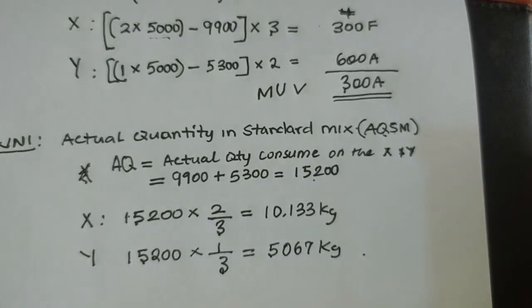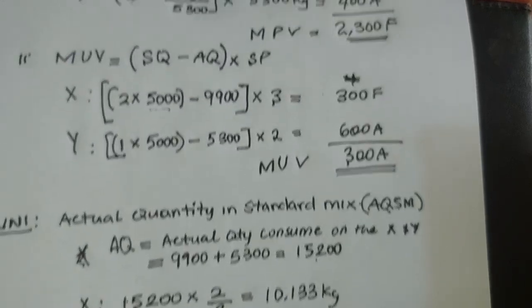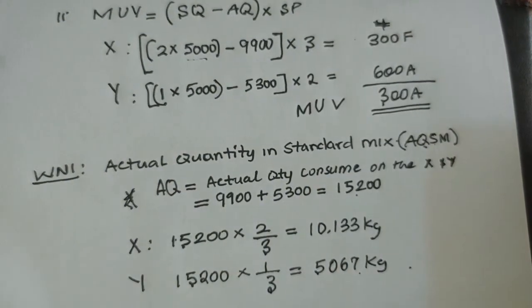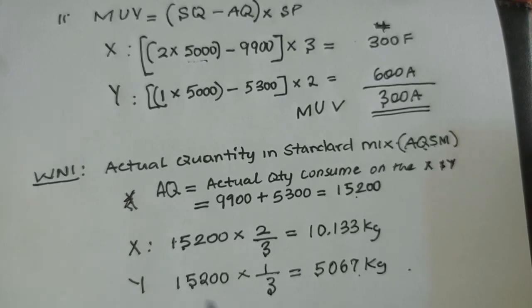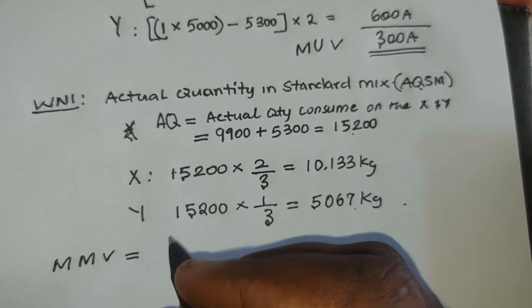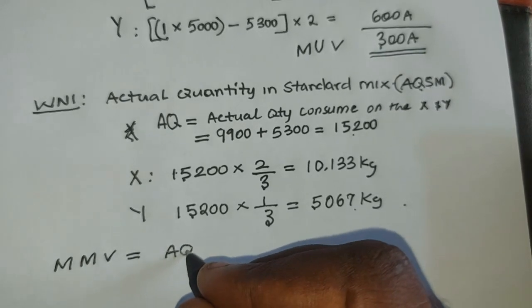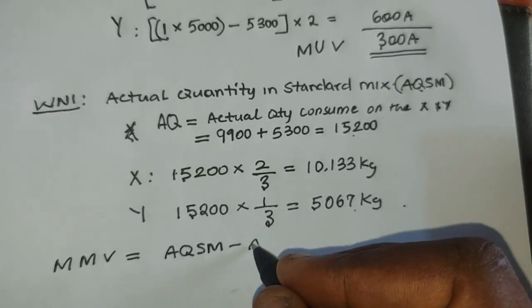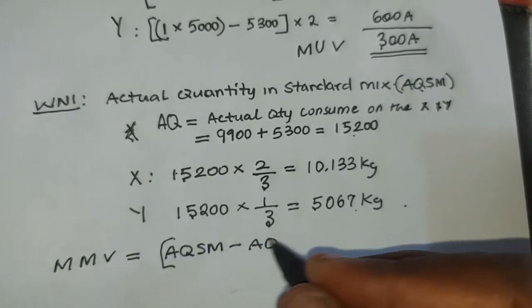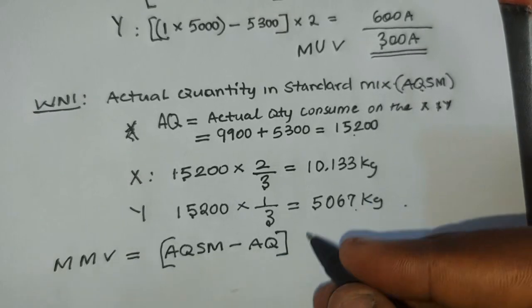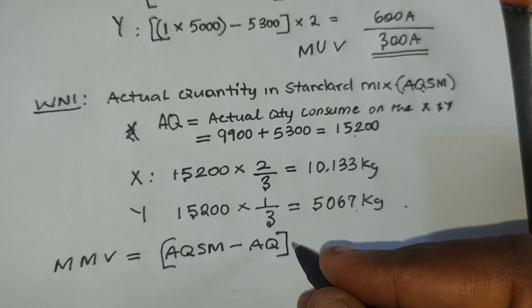Okay, now once this is done, we can calculate our material mix variance. Material mix variance is nothing but actual quantity in standard mix minus actual quantity consumed, multiplied by the standard price. Don't forget this formula.